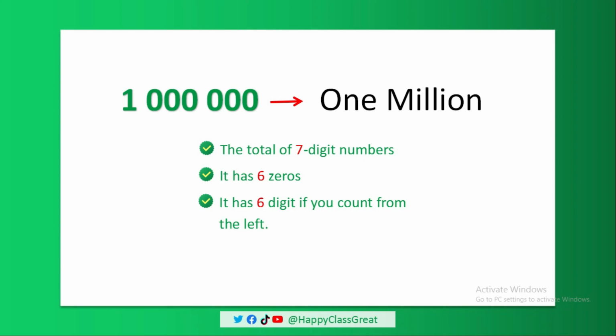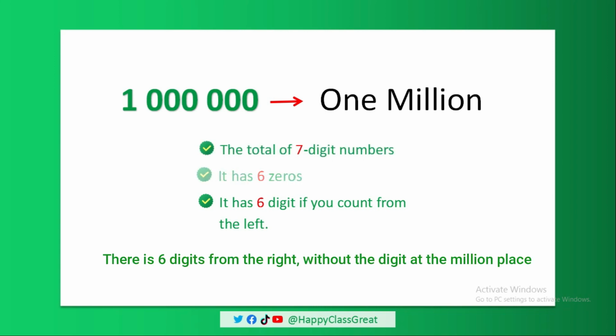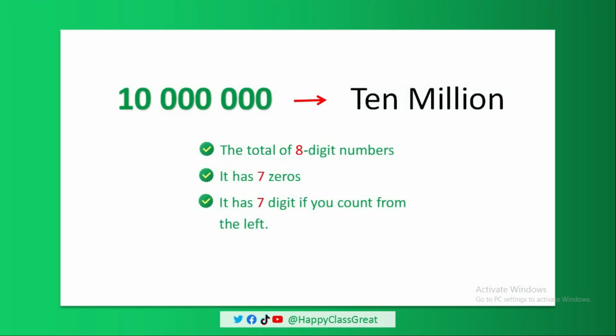The total digits of 1 million, if you count it, would be 7 digits, you understand, and it has 6 zeros, which means you have 6 digits if you count from the right. Moving to 10 million, it has a total of 8 digits, and it has 7 zeros after it.